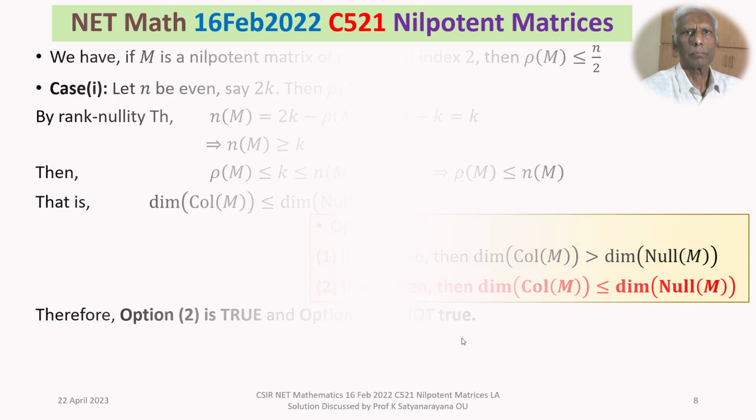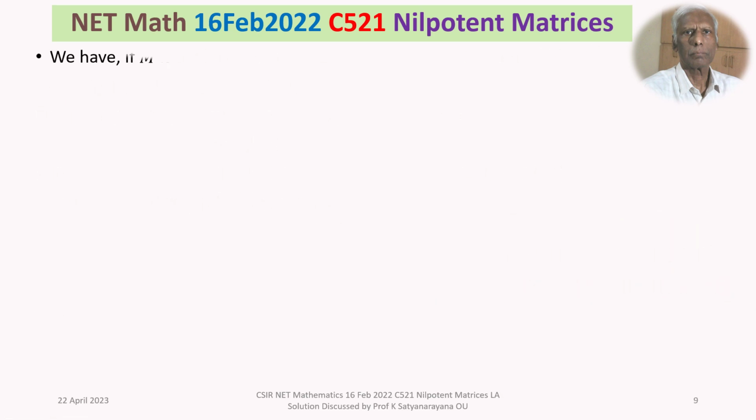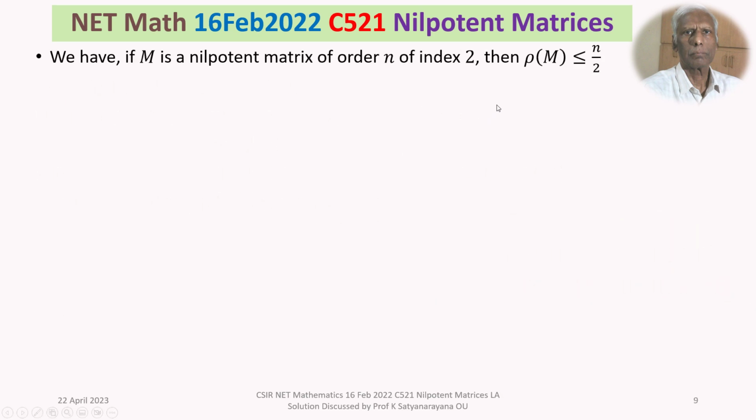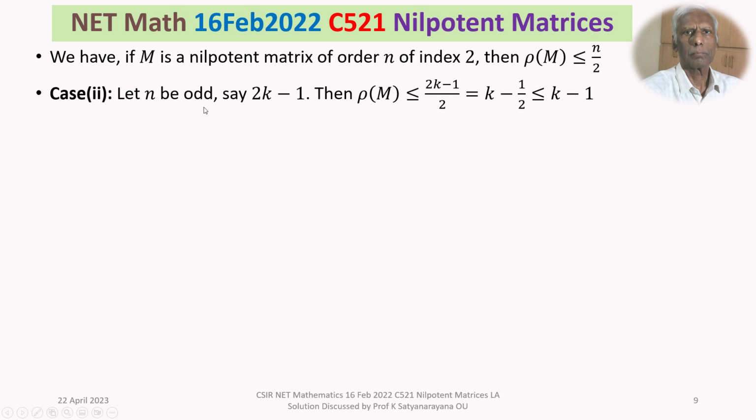We continue. That's what we have. Rank of M less than or equal to n by 2. Let us consider case 2. Let n be odd, say 2k minus 1, that is n is equal to 2k minus 1. Then rank of M is less than or equal to n by 2, that is (2k minus 1) by 2, which is k minus 1 by 2, which is less than or equal to k minus 1.